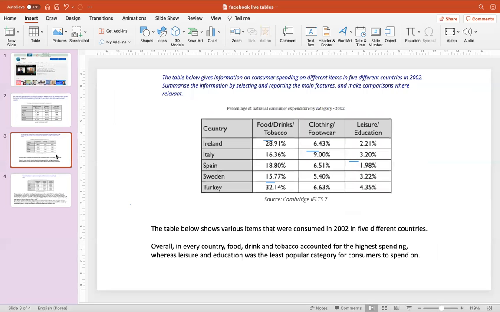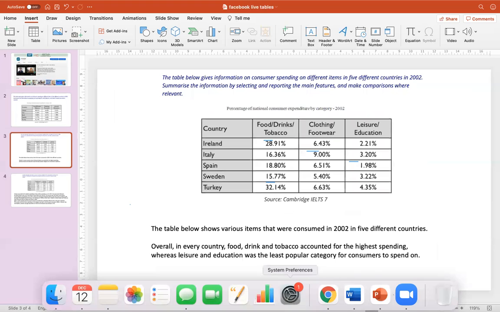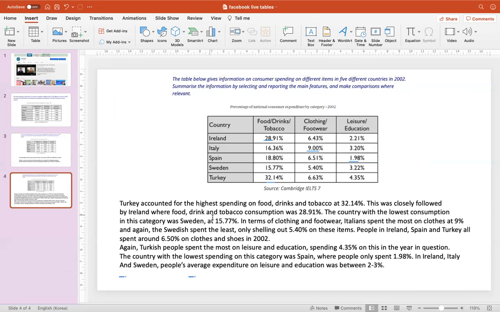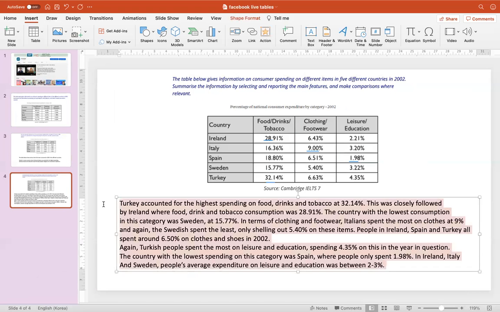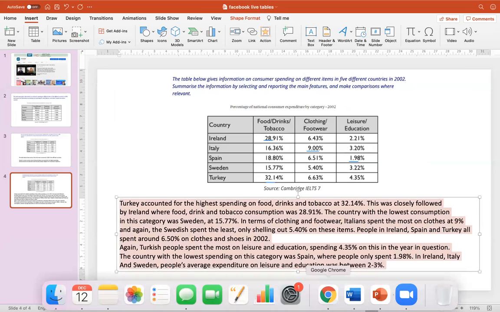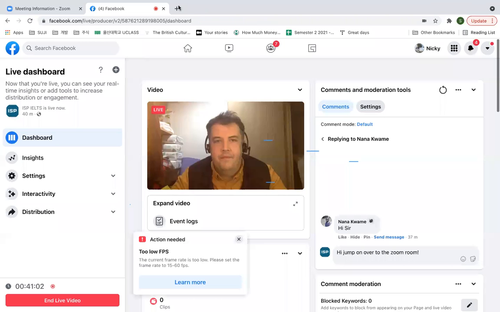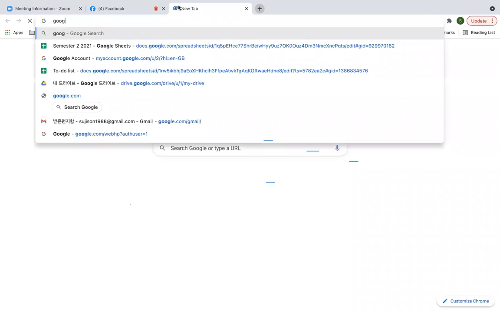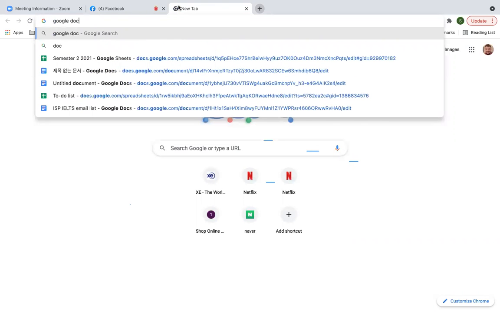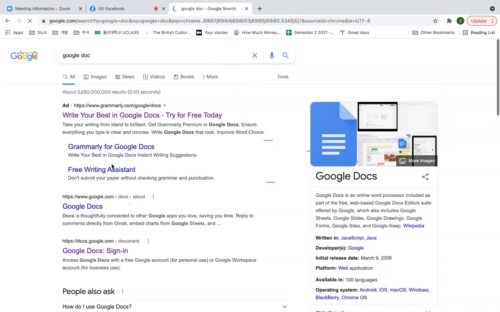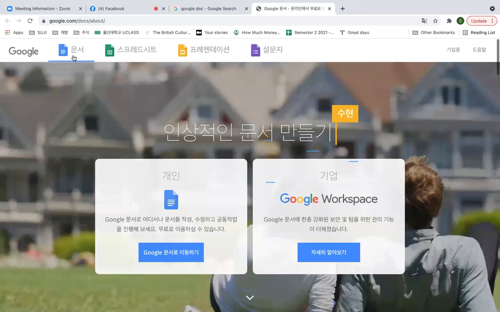All right. Now, one thing we need to do is check the word count. Let me just stick it in the Google Docs for a second. Remember, guys, how many words does it need to be?